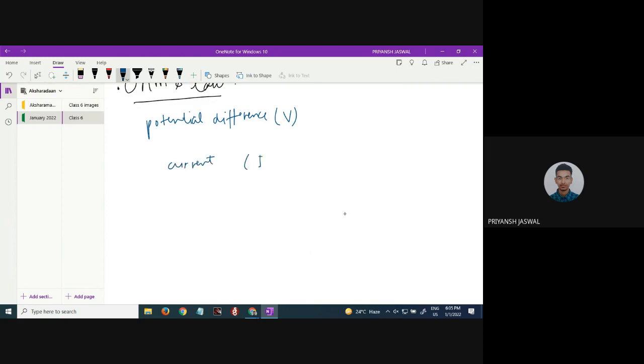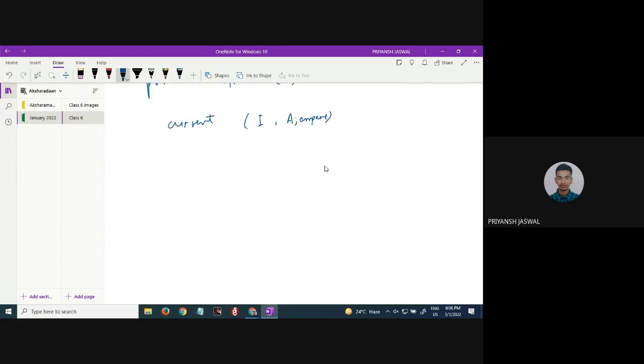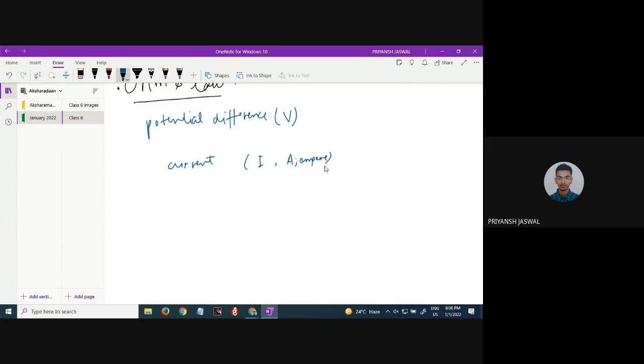Its symbol is I and its unit is the ampere. Current was the flow of charges, and potential difference was the work done to move the charges from one point to another point across a conductor. So now there is a question: is there any relation between these two quantities?